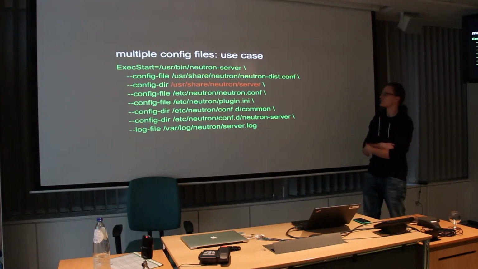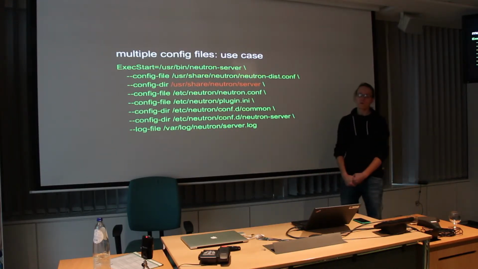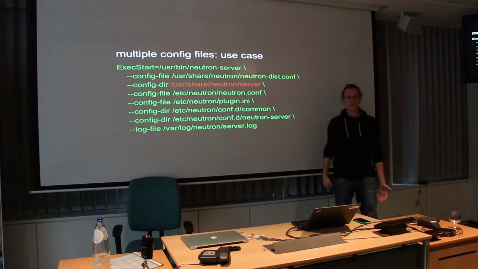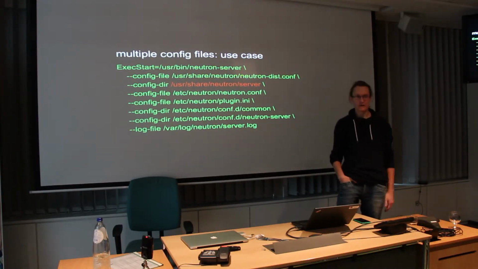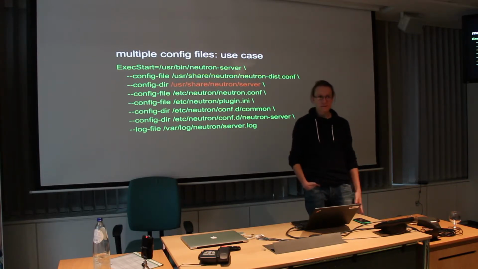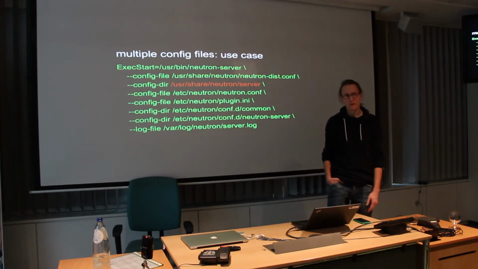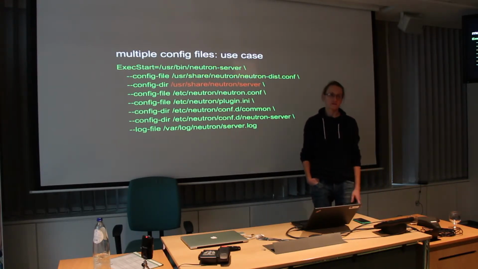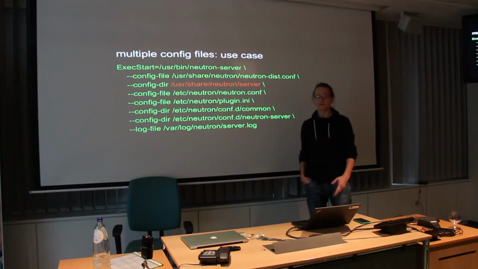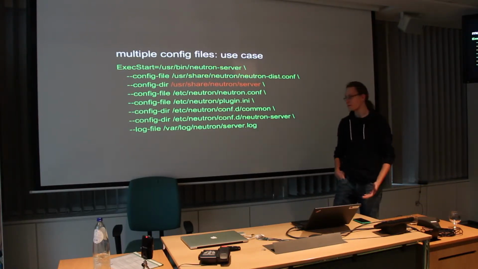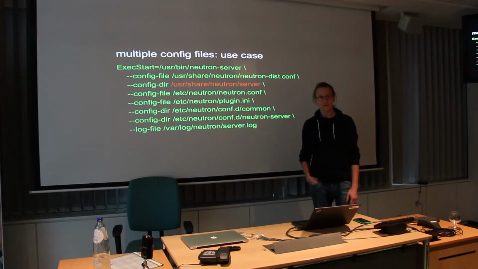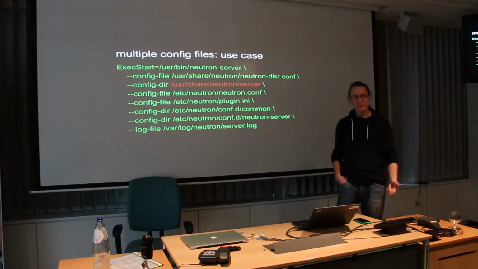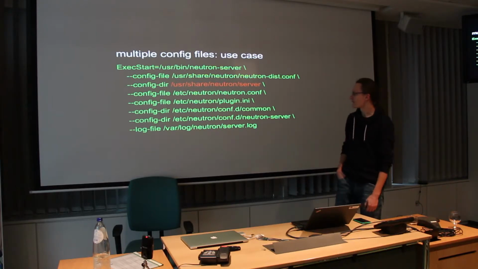But why didn't we put it in here? Well, the problem is that Neutron is very pluggable. So we have advanced service plugins that may be installed or may not. And they also ship some configuration files. And we don't know whether they are installed, so we don't know whether those configuration files are installed. But we still want to load them if they are installed, right?